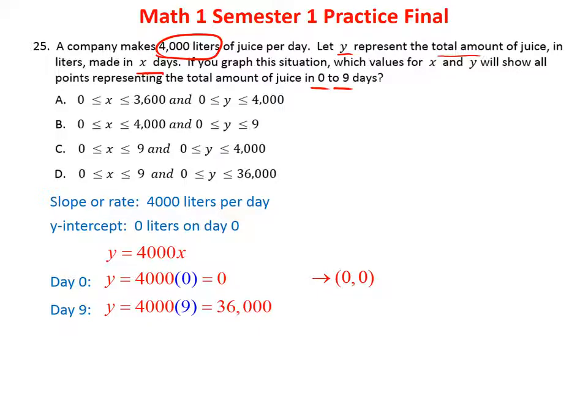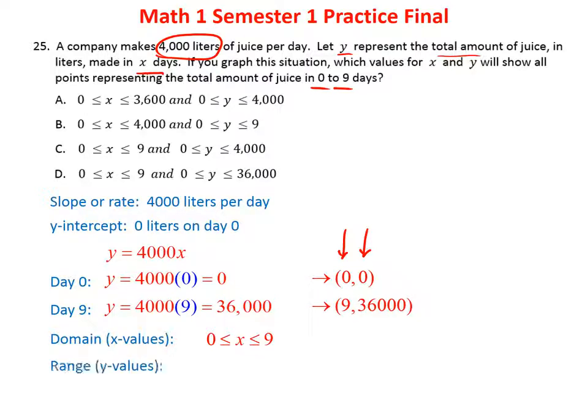Day 9, we're going to make 9 times 4,000, or 36,000. Our X is going to go from 0 to 9, and our Y is going to go from 0 to 36,000. Our domain values are between 0 and 9, and our range values are between 0 and 36,000. So we have to look up and see which one has the answer, and the answer there is B.